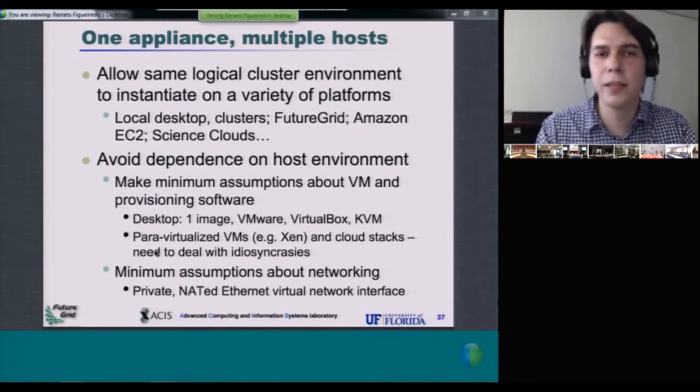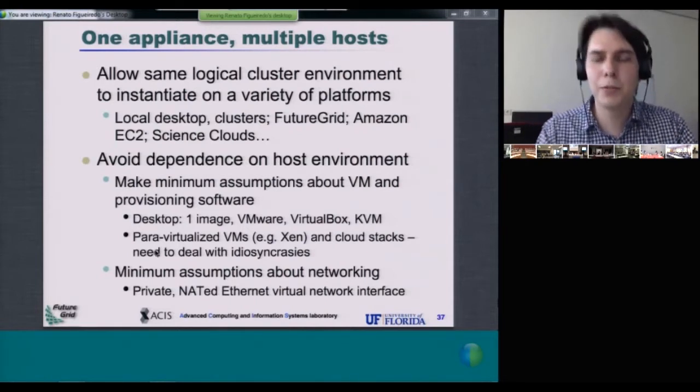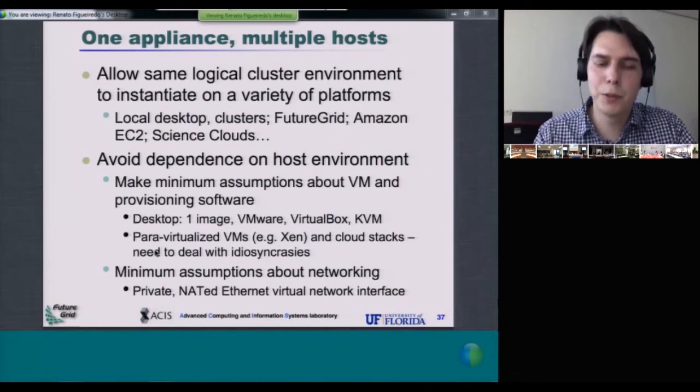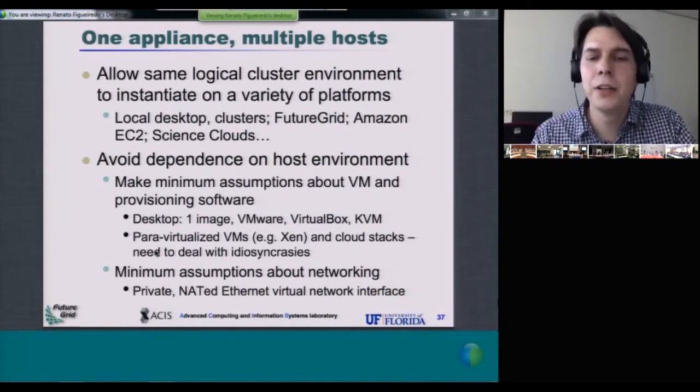We don't have time for a demonstration today, but if you want to go back and try the Grid Appliance on your own, as long as you have any of these virtual machine technologies, you can download the image, turn it on, and even if the virtual machine has a NAT address, you'll be able to connect to the virtual network.